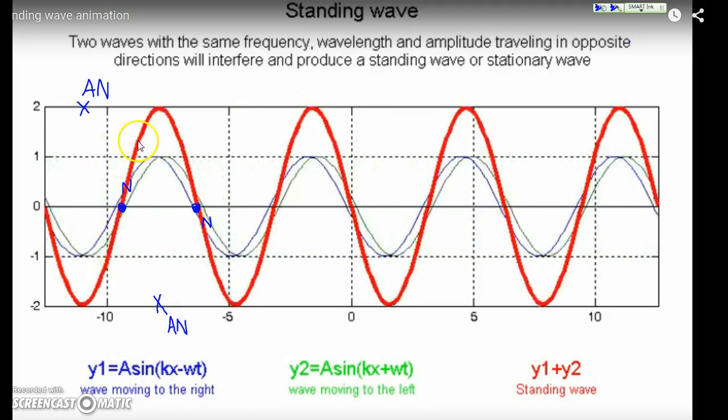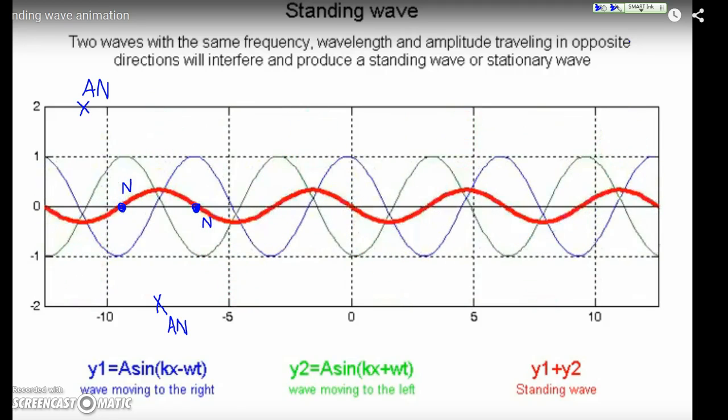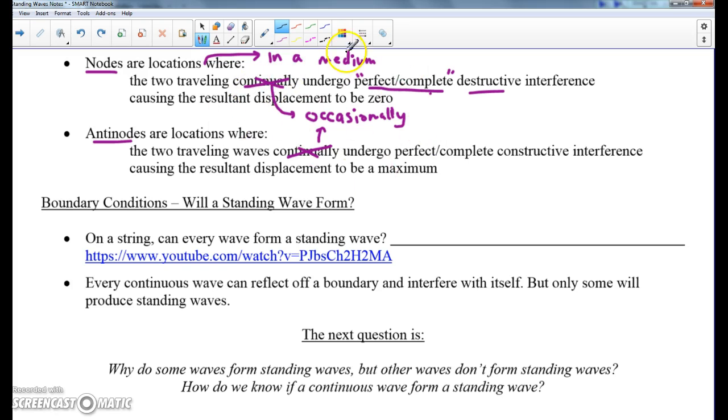Two tippy tops overlap at the antinode, two very bottoms overlap at the antinode, and at the node, we have the top of one and the very bottom of the other overlap. So that's true of what we said as well. So yes, this is what our notes have said. On occasion, the two tops of the traveling waves overlap perfectly.